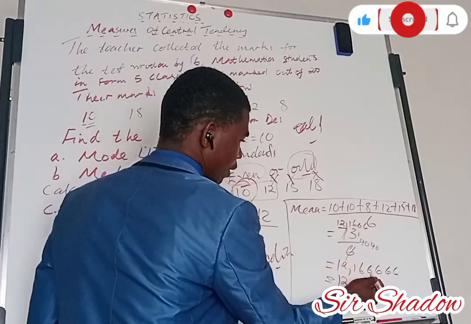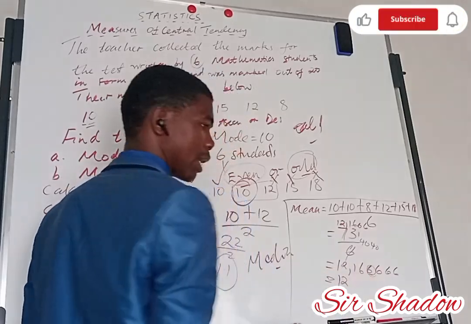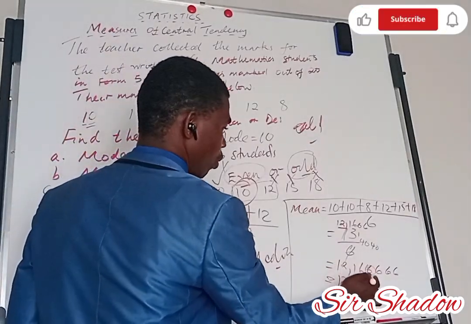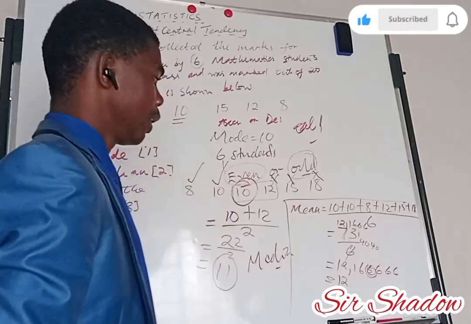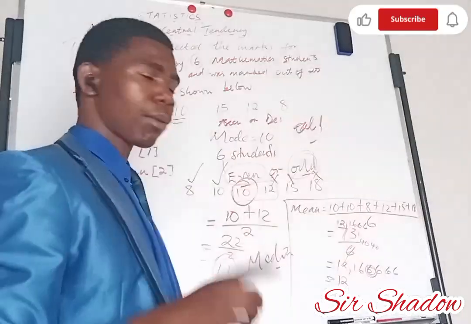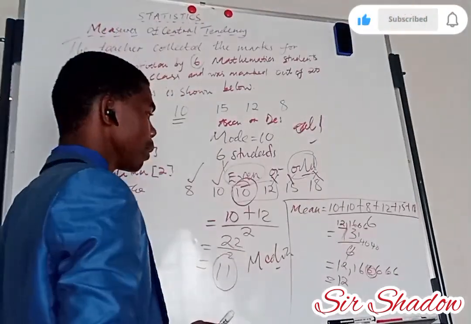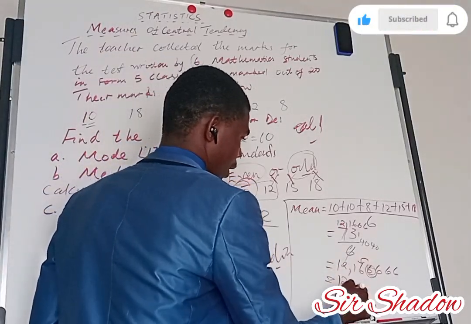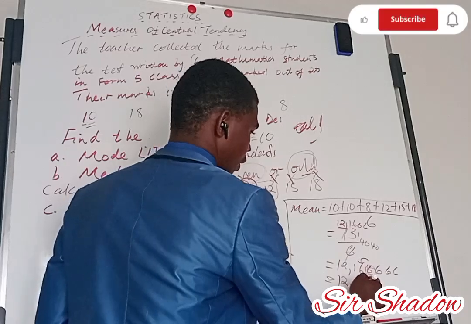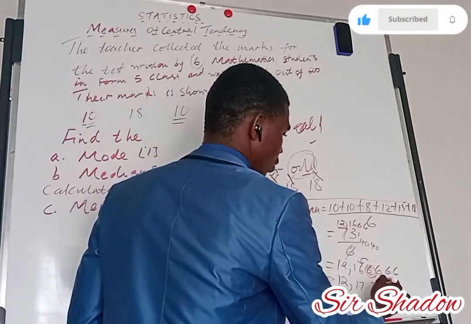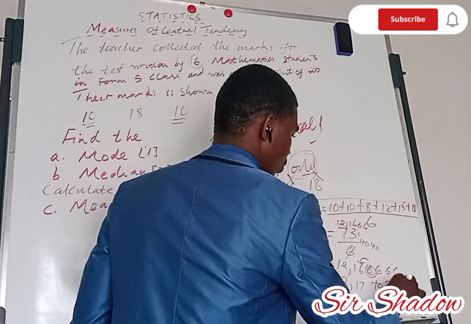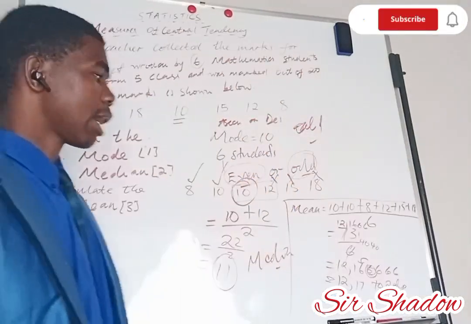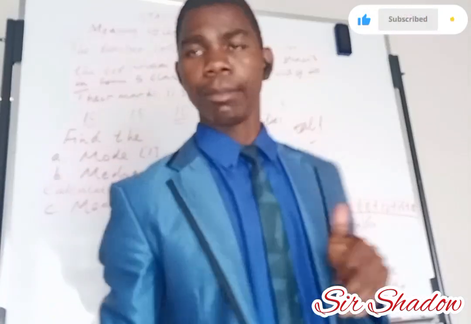Then I look at the third digit. If it is equal to 5 or more than 5, I have to add another value here. So 12.17 to 2 decimal places.